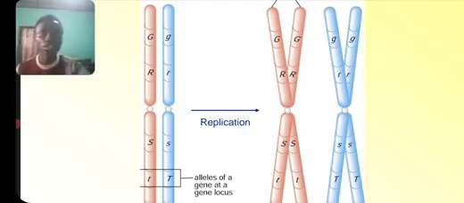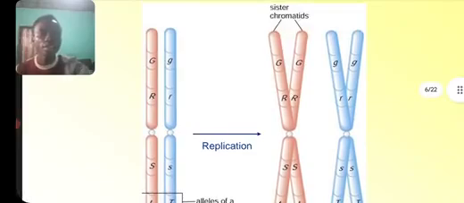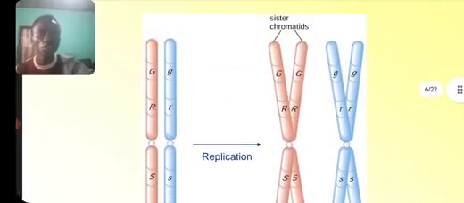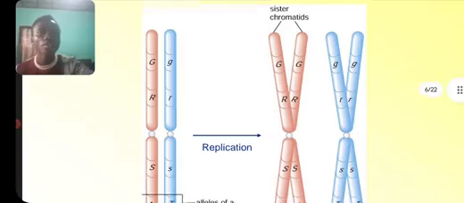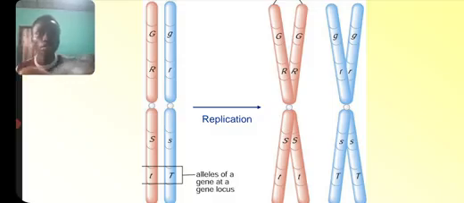The gene G may be for height, and the small g is still for height, but the shorter version. Then we can have sister chromatids having the same alleles on the loci, a capital G right there and a capital G right there.